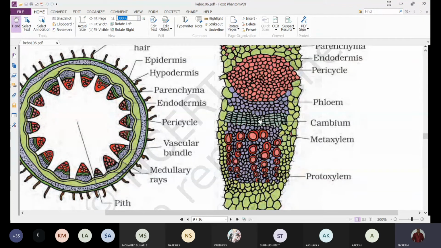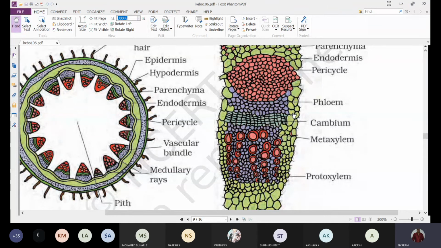Next, this is one vascular bundle and adjacent to it another vascular bundle will be present. Here, this is the medullary rays. We all know very well the medullary rays in a dicotyledonous stem are made up of parenchyma cells. This is the tissue of medullary rays, and this is the parenchyma cell which is present adjoining the intravascular cambium.